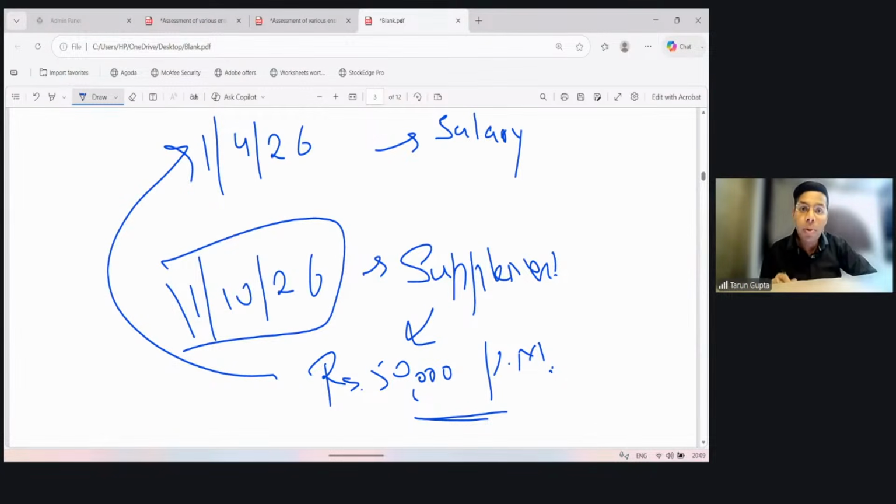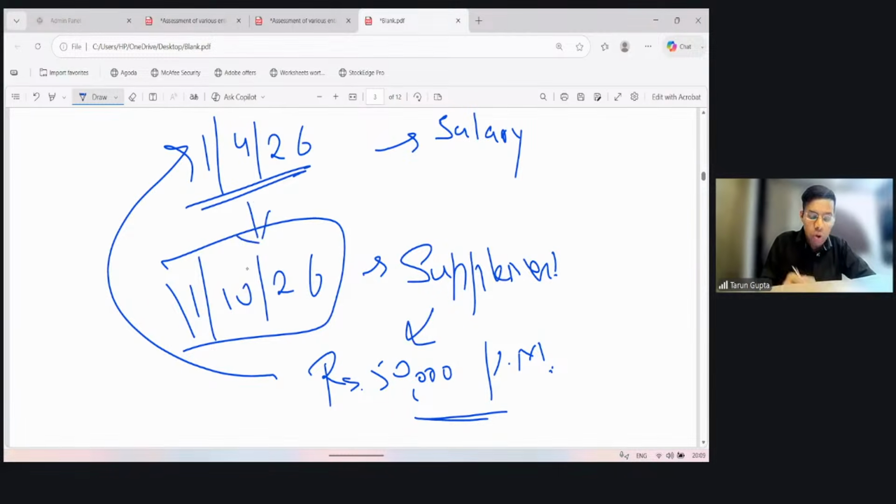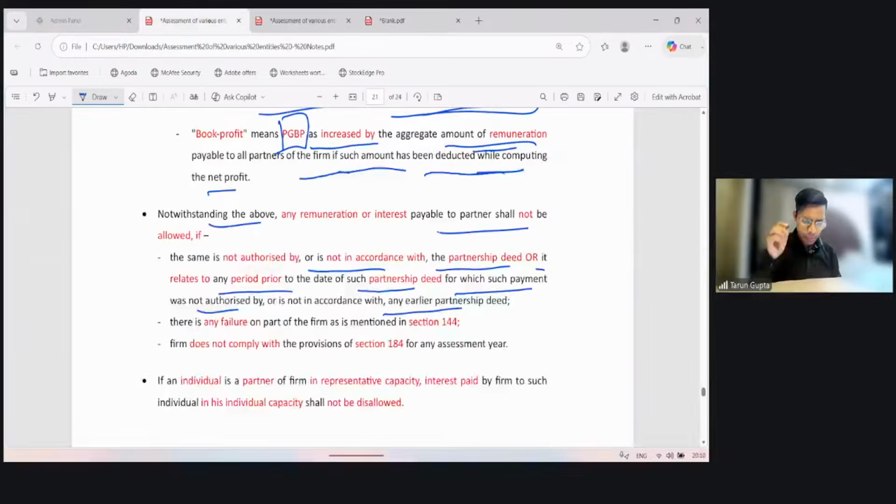So the firm shall not be allowed a deduction of salary paid from 1st April to 1st October. The salary payment shall be allowed only with effect from 1st October when the supplementary deed is signed. So there is no retrospective applicability of the partnership deed for salary or interest.